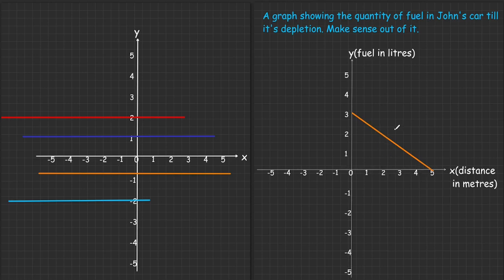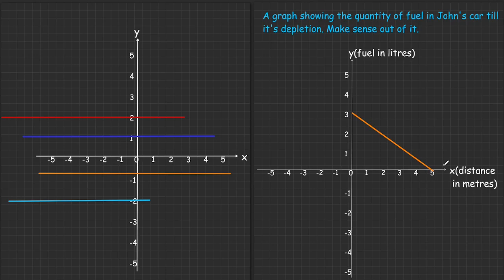So the fuel depleted at 5 meters after his first movement. That is the sense we can make out of this data. With enough information, we can even solve other questions as well. We can even be asked to look for the rate at which the fuel got depleted. That is the rate with respect to what? Liters per distance. And we'll look at that in our next lesson.